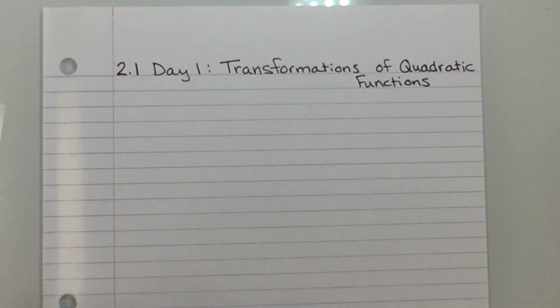We did transformations in chapter 1. The difference is that when we did it in chapter 1, we focused on all of the different functions. Today we're going to be zoning in on the quadratics, which oftentimes makes it easier because we're not going to be dealing with quite as many things.